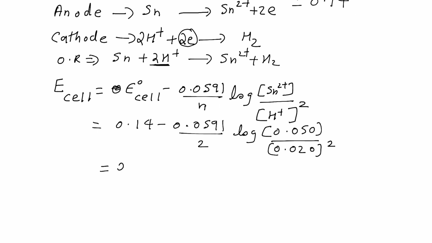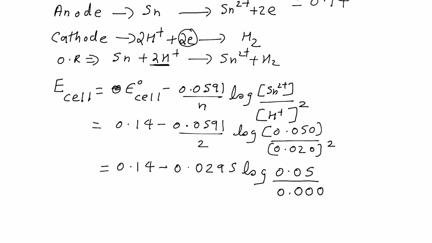So easy, right? 0.14 minus 0.0295 log. On numerator you have 0.05. On denominator you have 0.02 square, right? 0.02 square. So what is that? 0.0004.